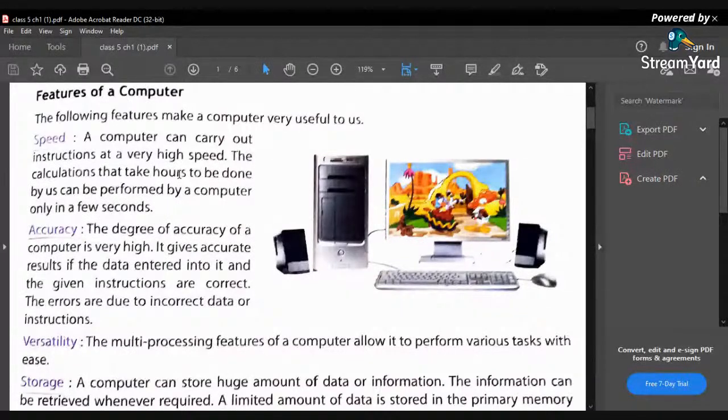Student, when we give instructions to the computer, it takes these instructions and keeps them. After that, it processes the instructions at a high speed, and it gives the result in a few seconds.